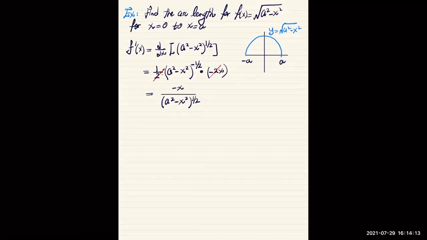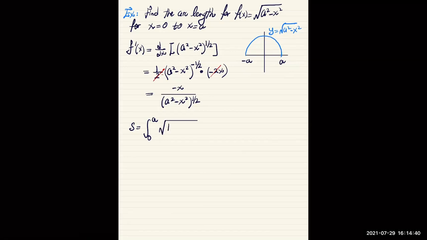So the arc length is going to be the integral from 0 to a. Okay, so we're looking at quarter of a circle here. Whatever we get, we can multiply by 4, and that gives you the circumference of the circle. And again, I don't think it's going to work out.